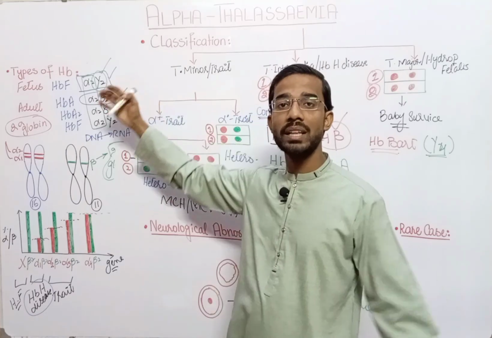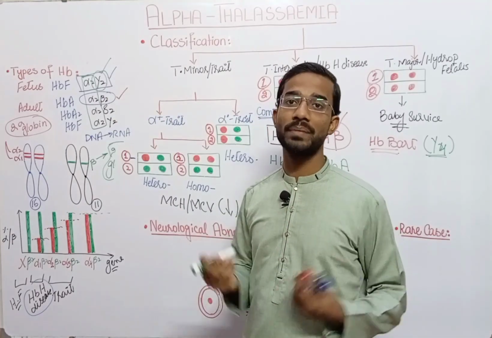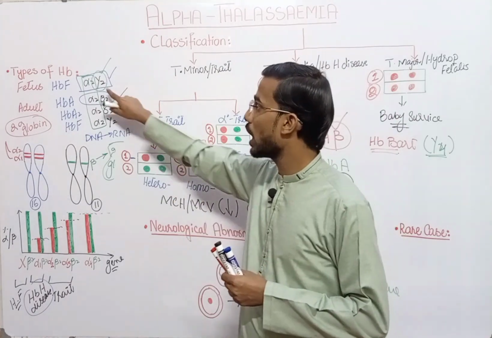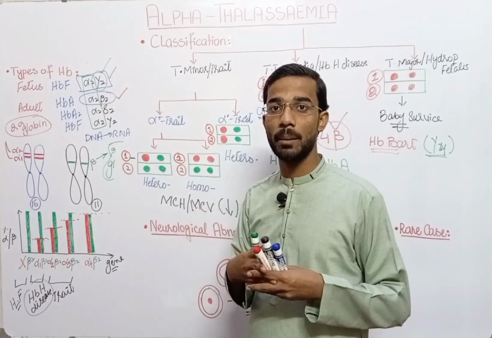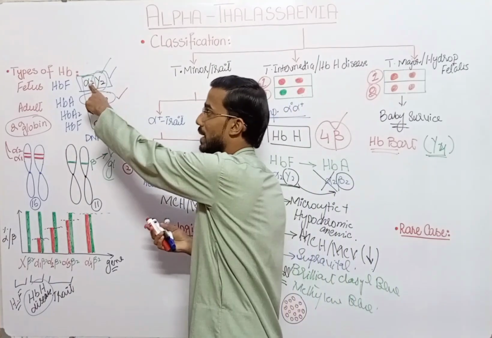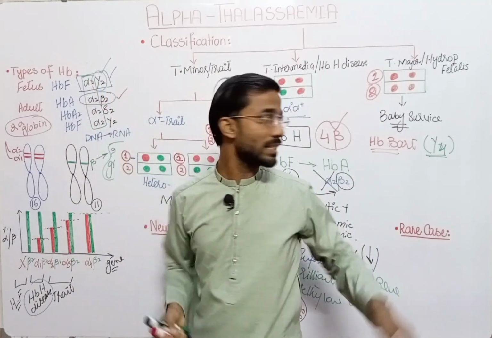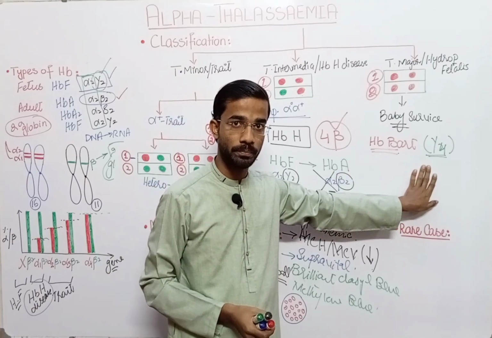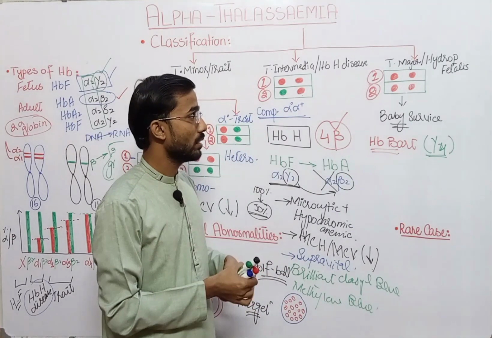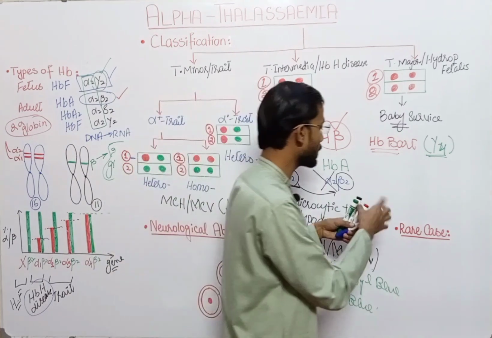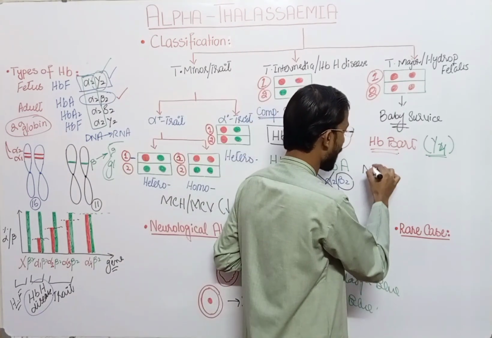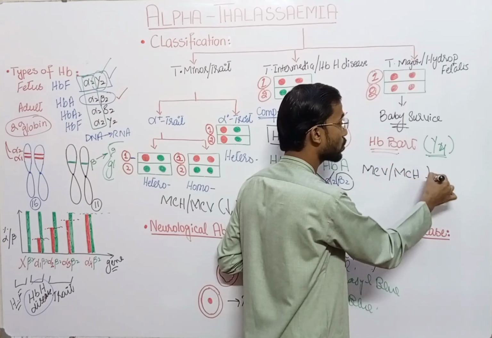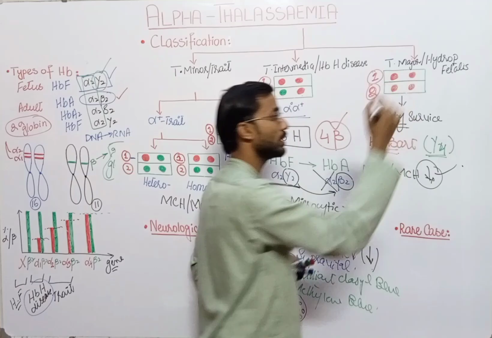So all the gamma chains combine together and form Hb Barts hemoglobin. All four gamma globin chains combine because no alpha is present. So you will see Barts hemoglobin, gamma 4. And again, in this case MCV and MCH will be highly reduced.